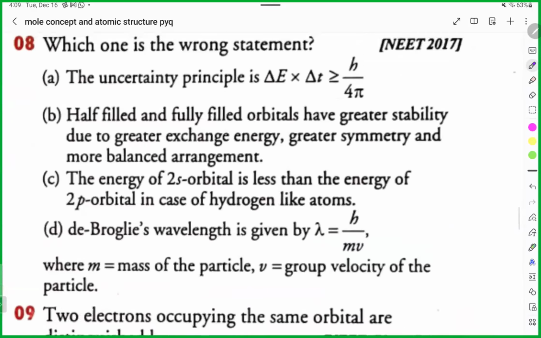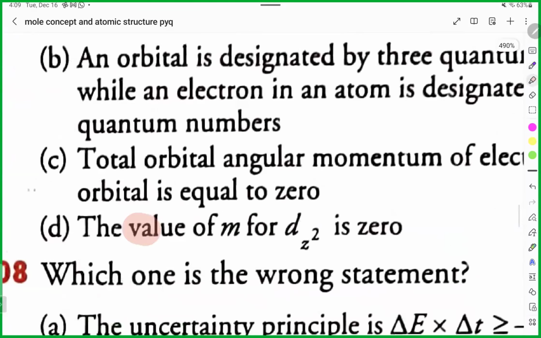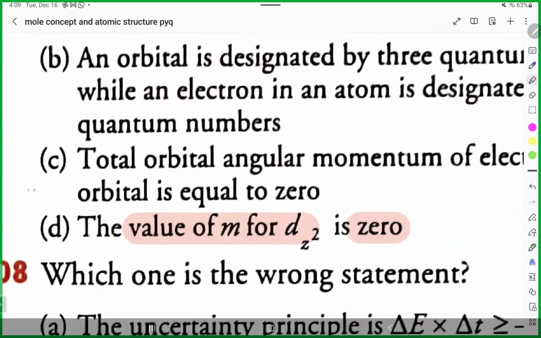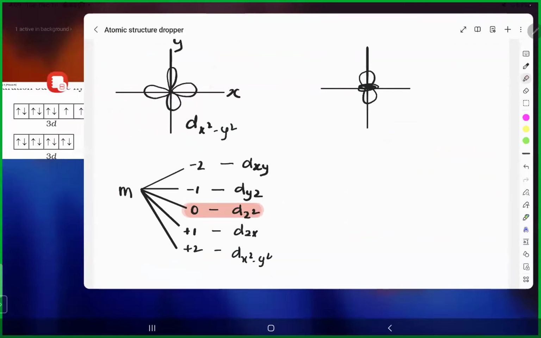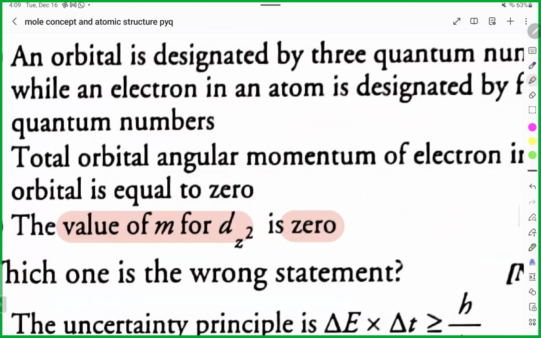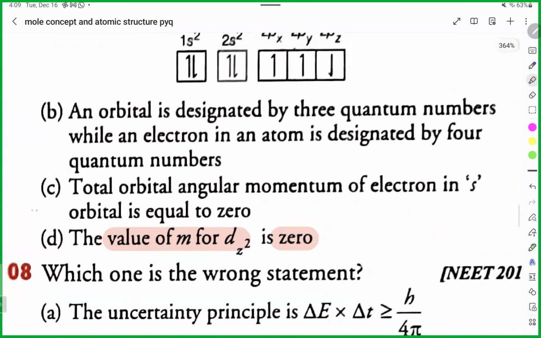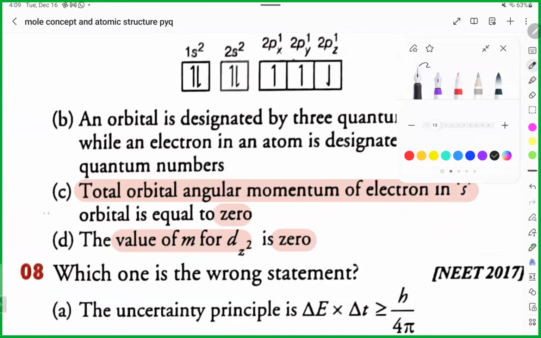This we need to do. See this question: the value of m for dz square is 0. Yes, we just did this. They are asking this, that's why I'm teaching you, and if you don't do this, you can't solve this question. Correct? The total orbital angular momentum of an electron in an s orbital is 0. Yes. How do I know?